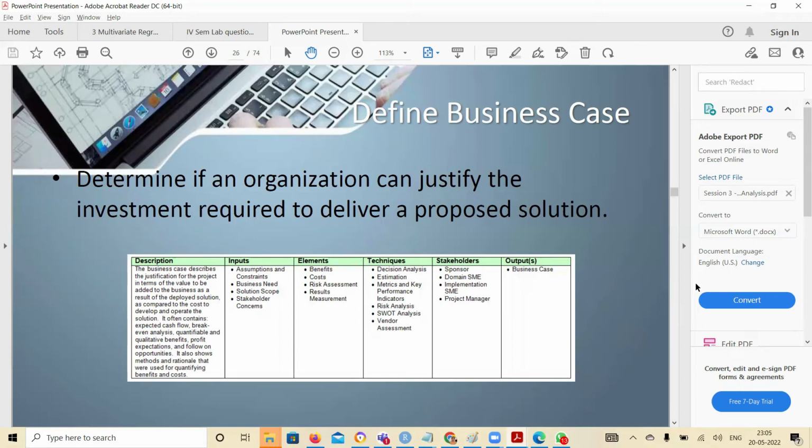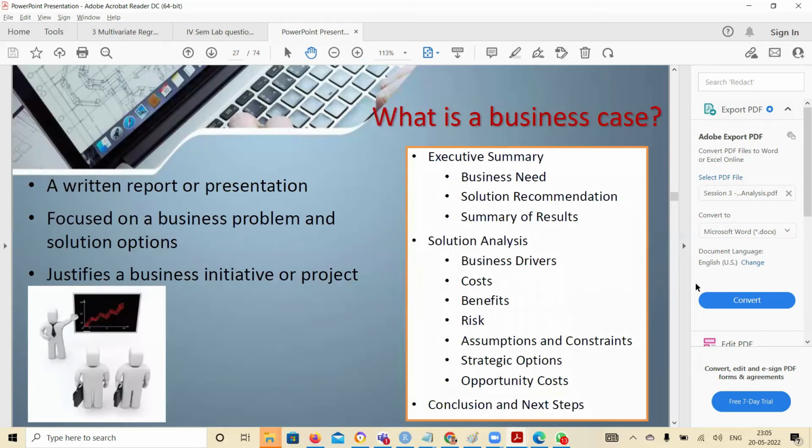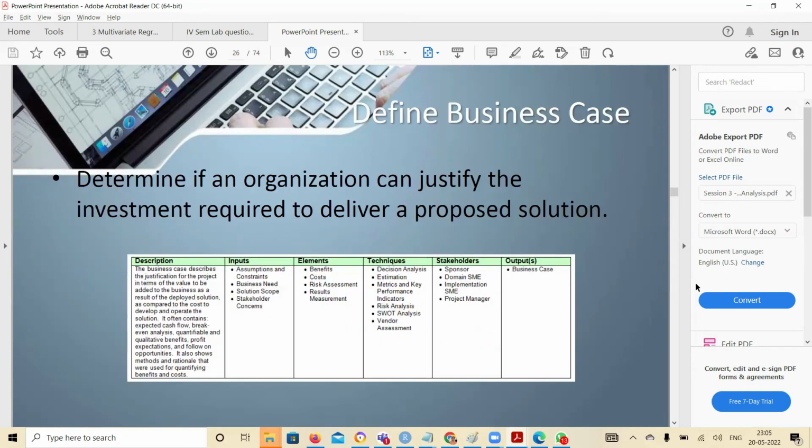Here it talks about all the cost and also talks about the benefits. We'll talk about business case on the next slide.